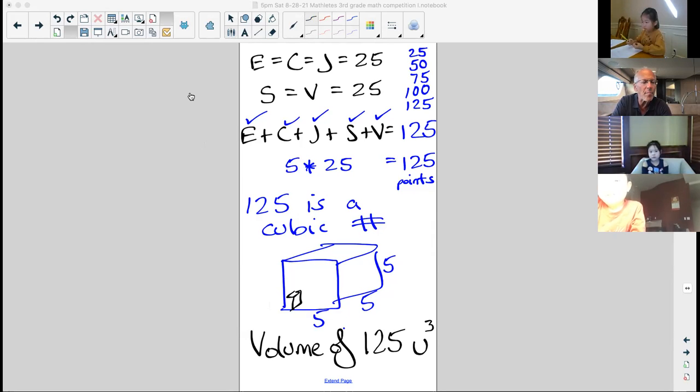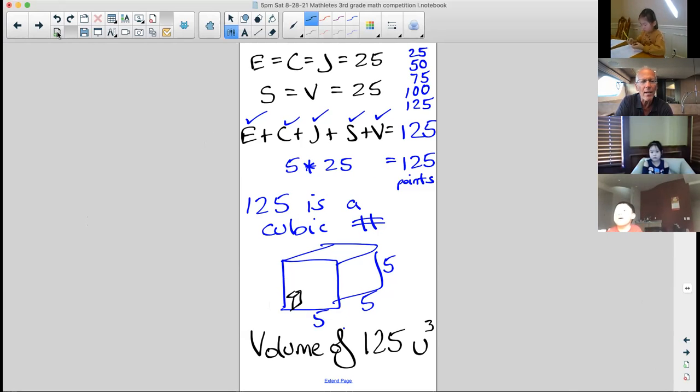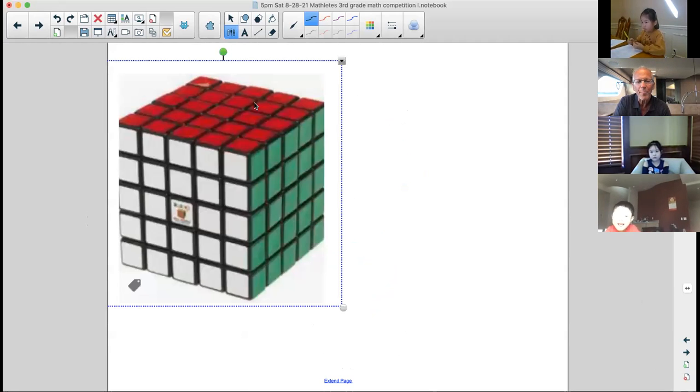Because my son, Michael, actually solves Rubik's Cubes of any size and shape. He can do a 3 by 3 by 3. He can do a 4 by 4 by 4, 5 by 5 by 5. Are you guys ready? Here we go. Look at that. Isn't that beautiful?